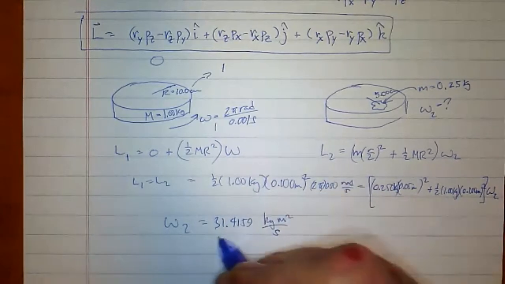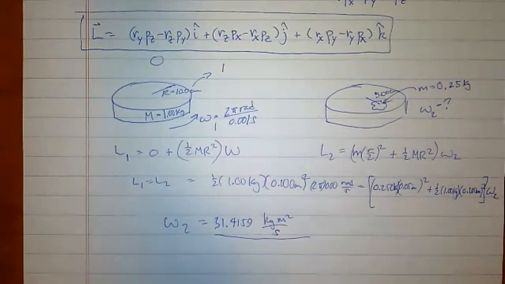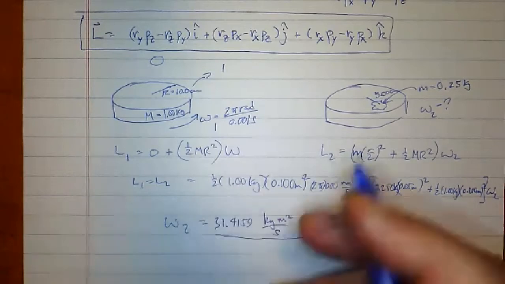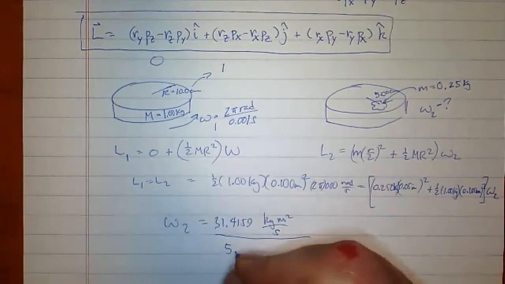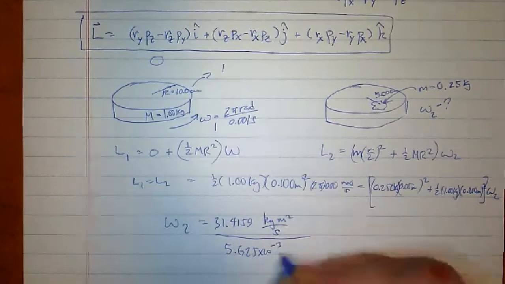Now I've got to divide it by all this junk, which is 0.25 times 0.05 squared plus 0.5 times 1 times 0.1 squared. So I get 5.625 times 10 to the negative third.